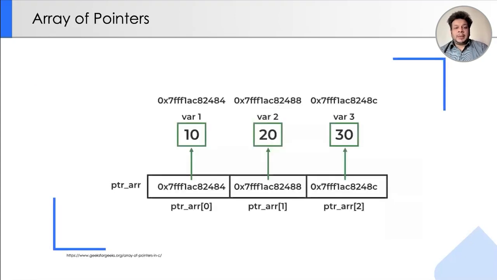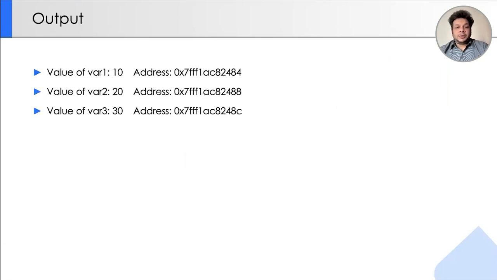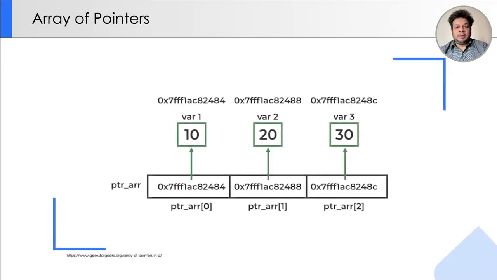So here you can see the memory representation. In the memory representation, we can see that we have one pointer, that is the ptr array, and this ptr array is pointing to the different variables. For the zeroth location, the address which we discussed previously, like 0x7fff, at the end we have 484, will be pointed to at the 0th index.